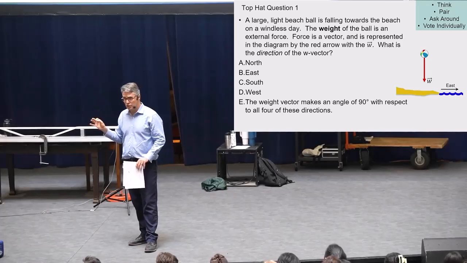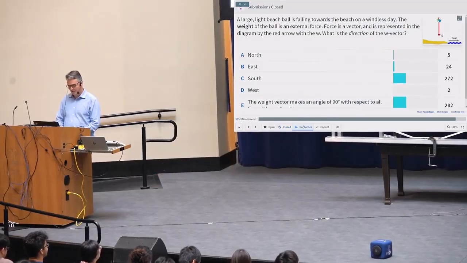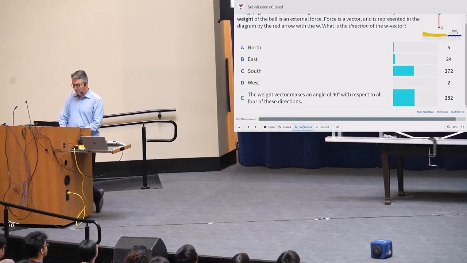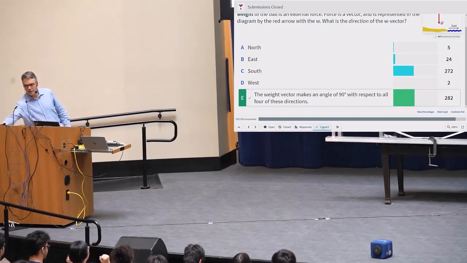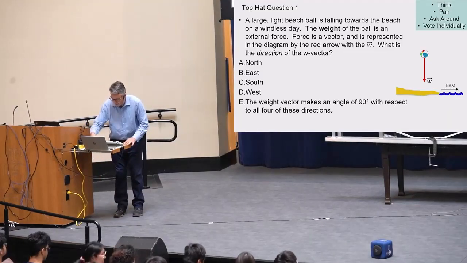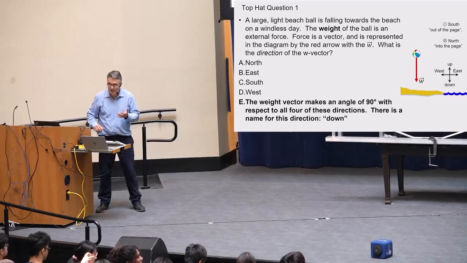So what is the direction of the weight? Okay, survey says, responses. Ooh, it's a toss-up between south or some mystery direction that makes an angle of 90 degrees with respect to all 4 of those directions. So what I'm trying to do is just remind you that life is 3-dimensional.